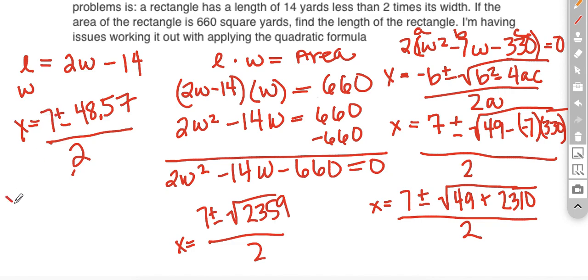So this is when I'm adding. So my first one's going to be adding. So I get x equals 55.57 divided by 2, and I'm dividing it by 2 in my calculator without rounding.